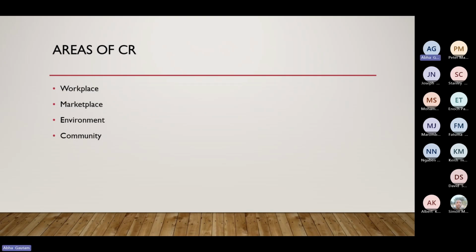Then if we say environment, ask yourself before taking any corporate decision: how can this action make an impact on the environment? Let's say you are a plastic bead making company, you cannot help it.